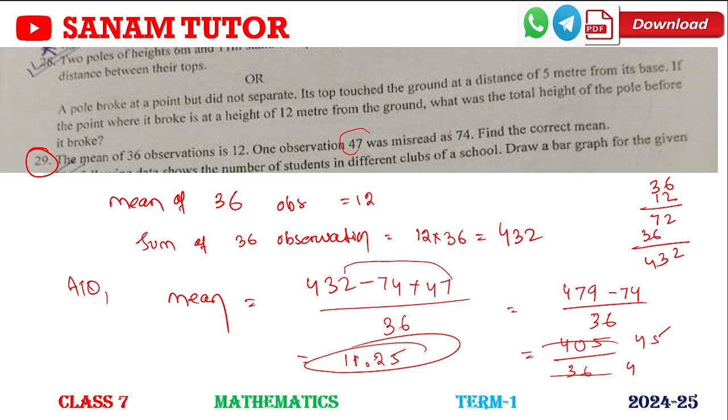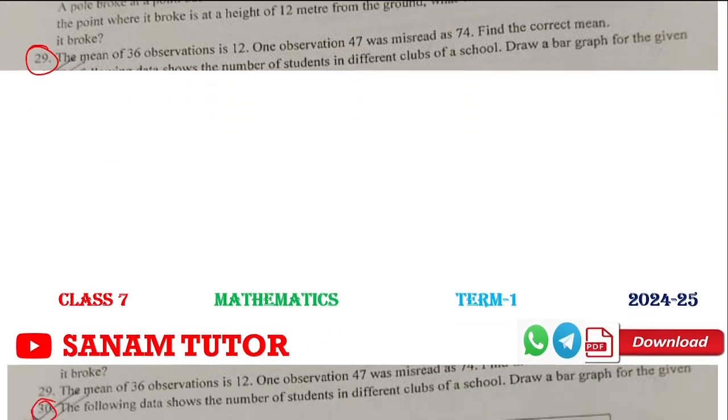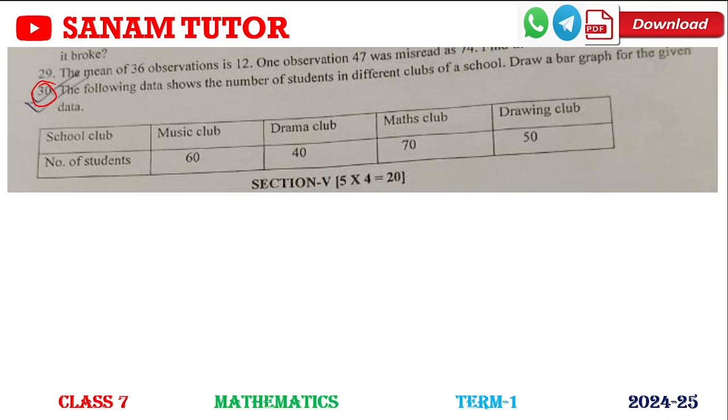Next question. The following data show the students in different clubs of the school. Draw the bar graph. Okay. So how to draw the bar graph? Now first we draw x-axis and y-axis.